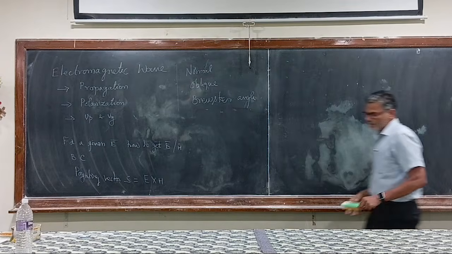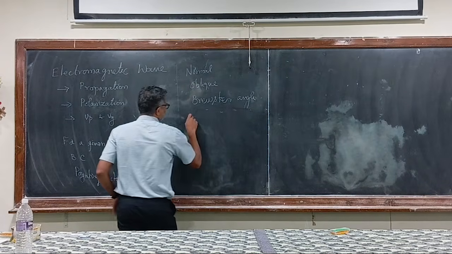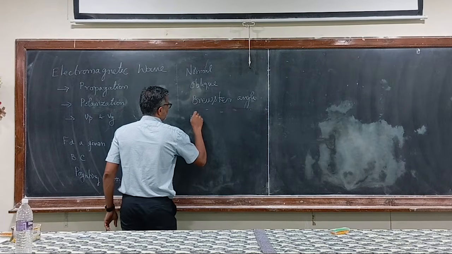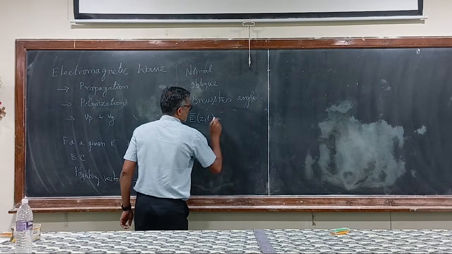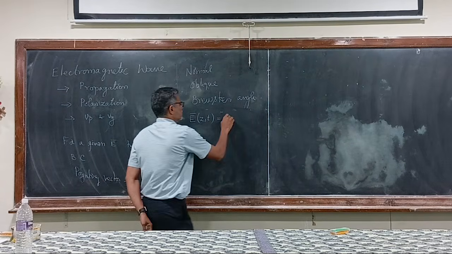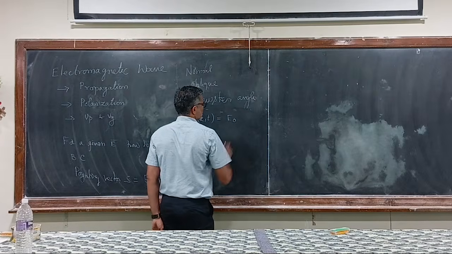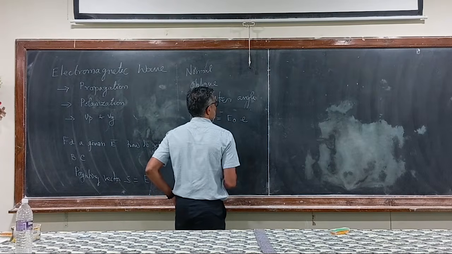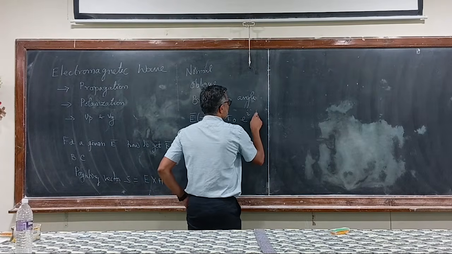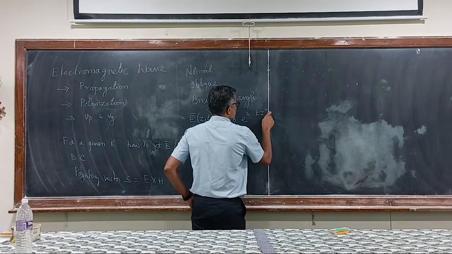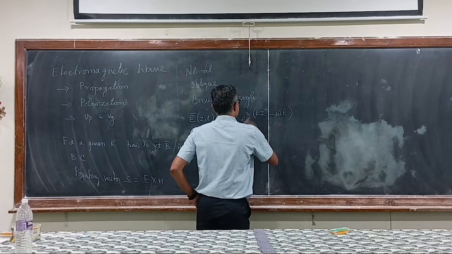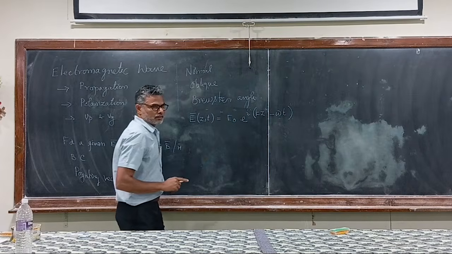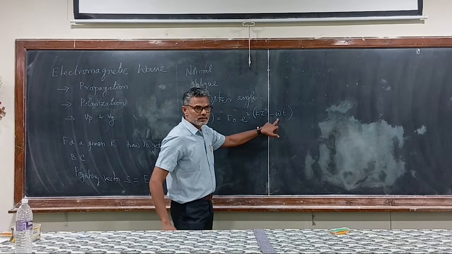Suppose you want to know the electric field, the electric field of z comma t, E naught, some amplitude, E naught e to the power i k z minus omega t. Is that correct? Is there an i here?